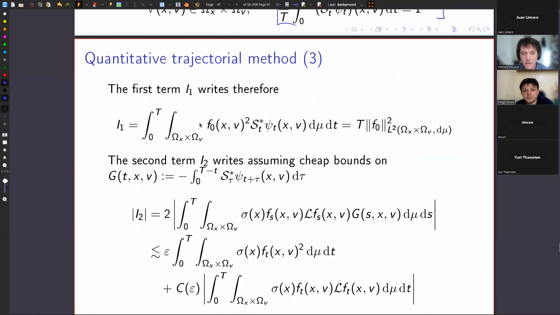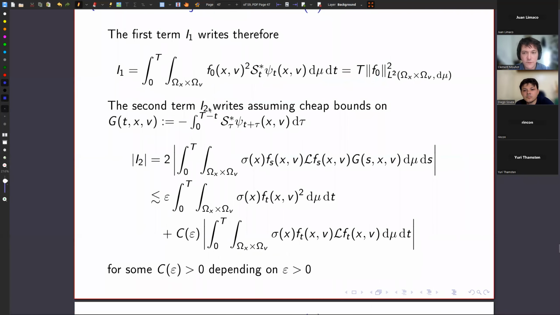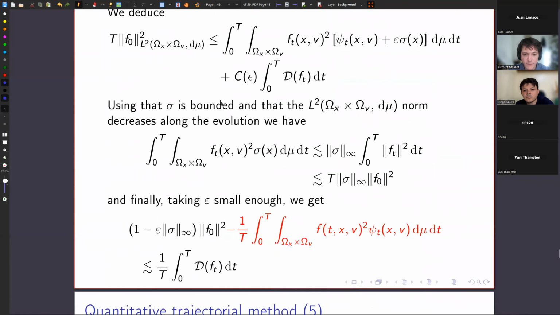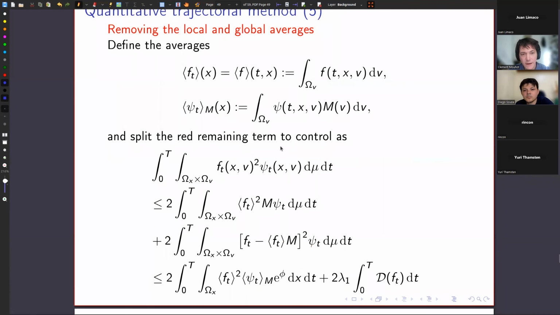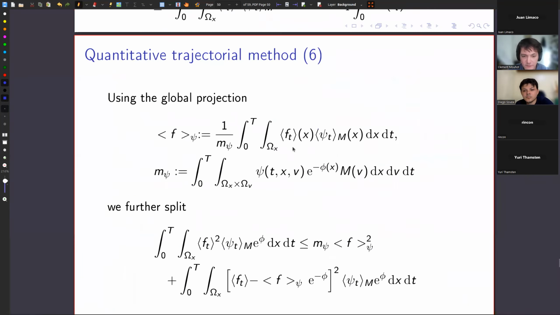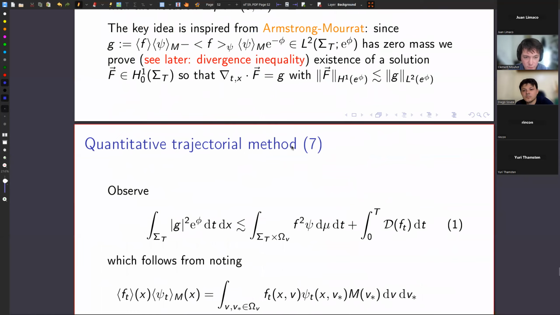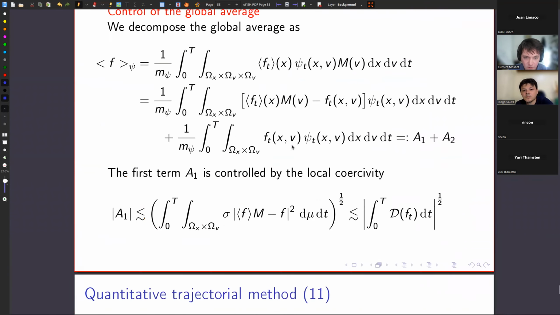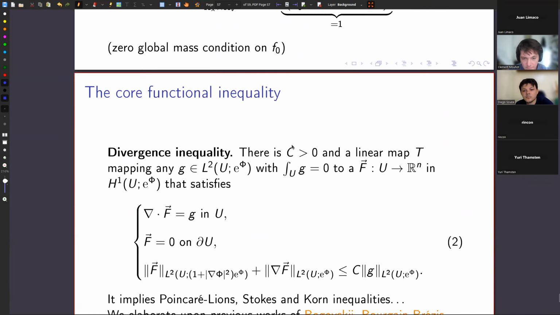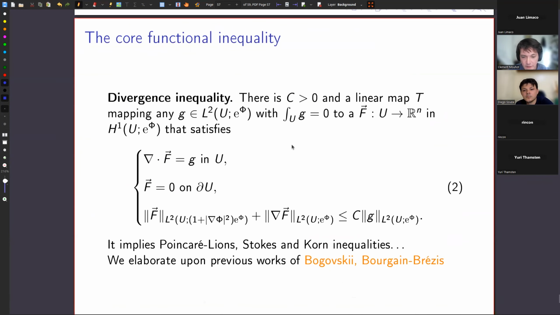And that is done, so I skip some error terms. I just want to arrive at the main thing. That is done by removing the averages and using, because I can't show the whole thing, I will show only the functional inequality that makes everything work. That's, let's say, the most novel part of our work.